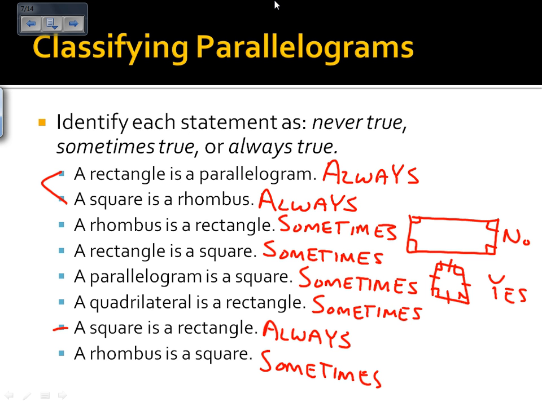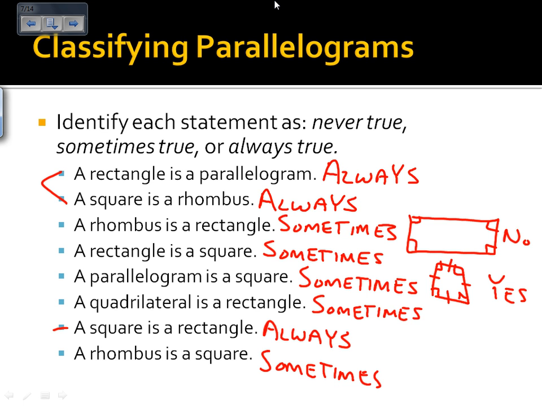A triangle is not a quadrilateral. Good. A triangle is never a quadrilateral. Do you agree with that? Yes. They're two very different things. Give me another one. A triangle is never a square, right? Another one. A circle is not a quadrilateral. A circle is never a quadrilateral. Okay, so the nevers, it's going to be hard to get a never just on the paper. You got to introduce something there.